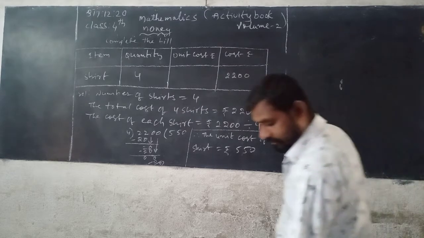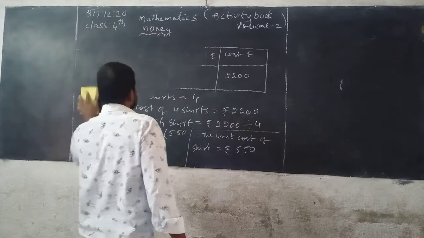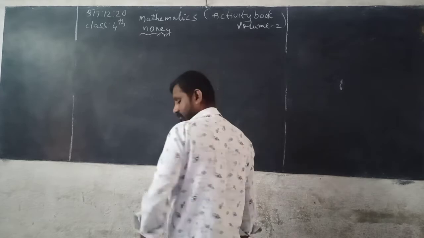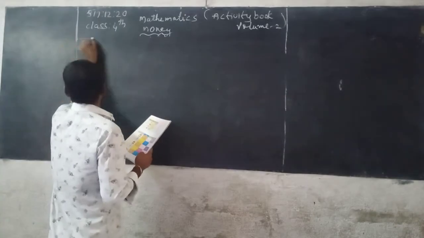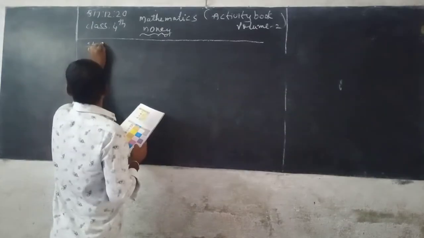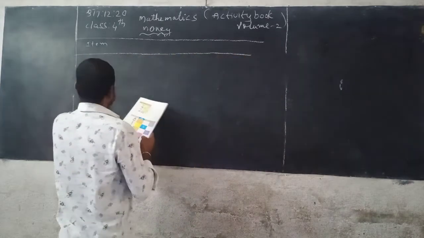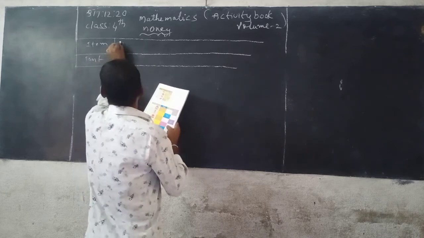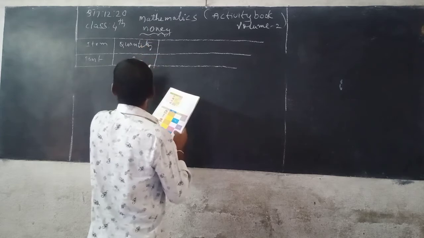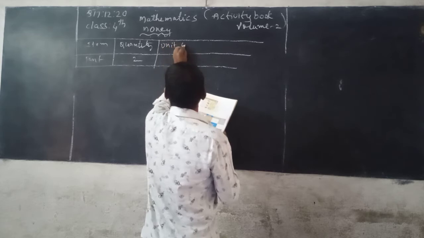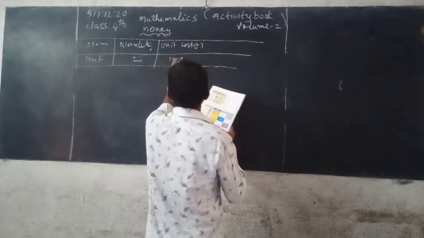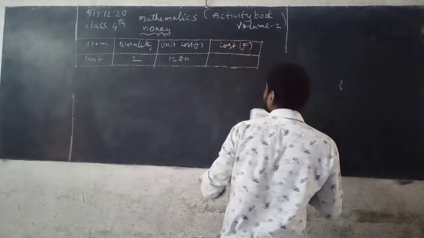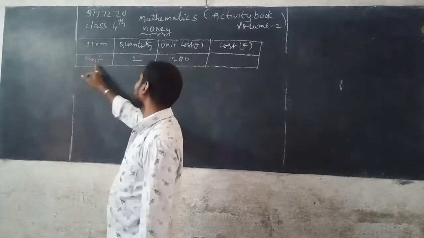Now next one, beta. See this problem. So item, pint, quantity, 2 pints.